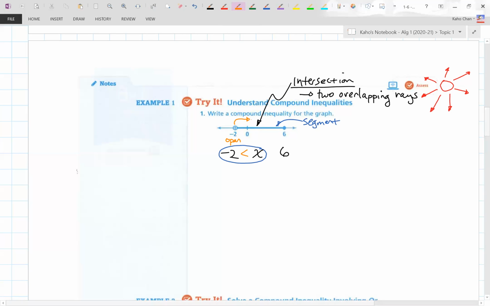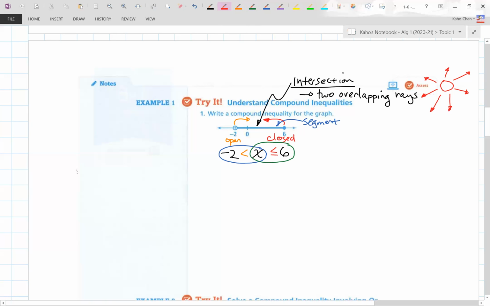On the other half, we're including 6, but we're going to the left from 6. And that inequality is less than or equal to. This one is a closed endpoint.